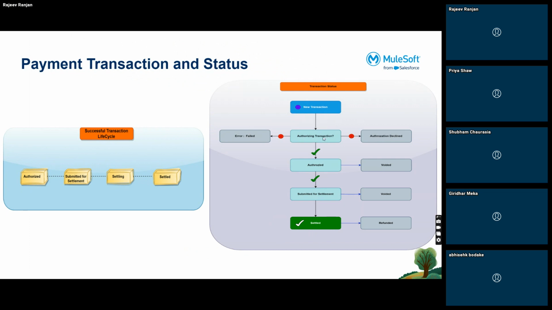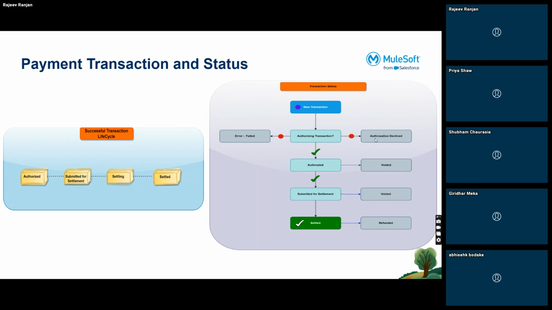If during the authorization the credit score is low, it is going to fail. We have already experienced this in our daily life. Sometimes it happens because of server issues, or maybe the authorization was declined.